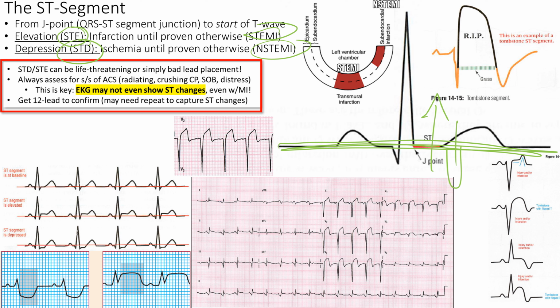Okay, so the priority if someone has chest pain is to get a 12 lead to confirm. And even then, if they still have chest pain, it could still be a heart attack. Okay, so ST elevation or depression is just at the ST segment, isoelectric to isoelectric. If that's depressed or elevated, it could be a sign of a heart attack.